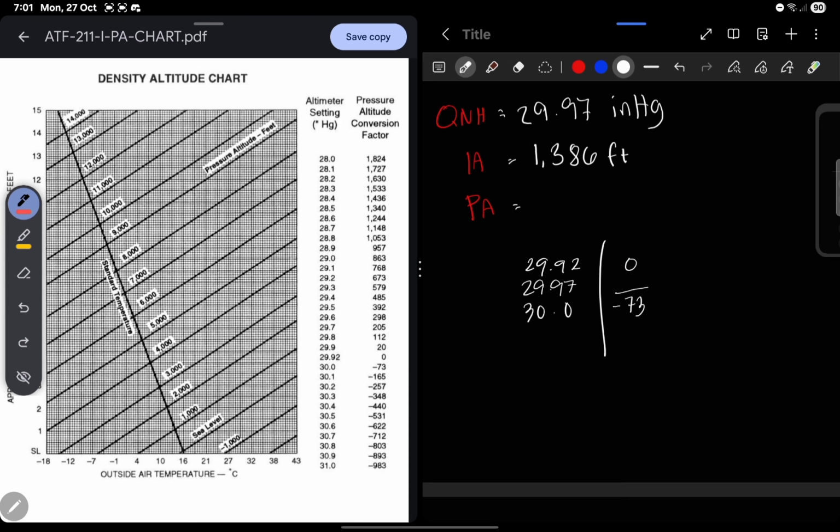So right here, the difference between these two is 0.05 and all over 0.08. Now, I want y'all to multiply this by the difference, which is just 73.